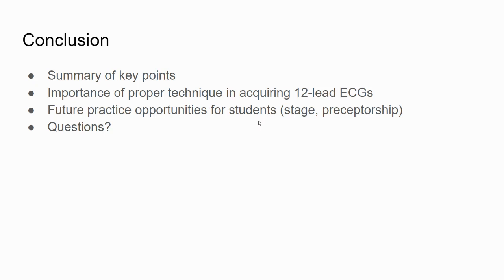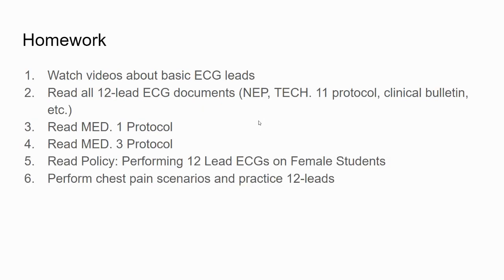It's important to be able to troubleshoot when we have artifact, okay, which is very common. And it's important now that we're going to get a little bit of practice in class, but don't worry, you're going to get ample opportunity on stage and during your preceptorship to do ECGs on different body types, different age groups. And again, if you have any questions, don't hesitate to reach out to me.